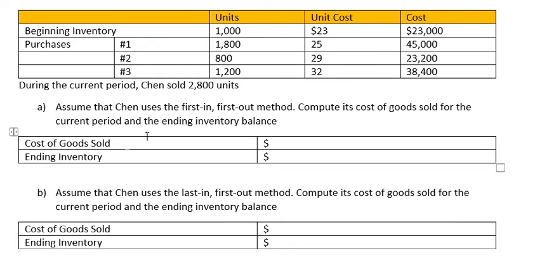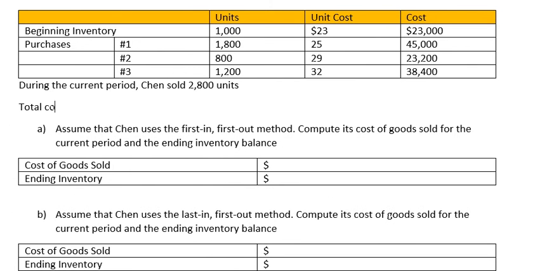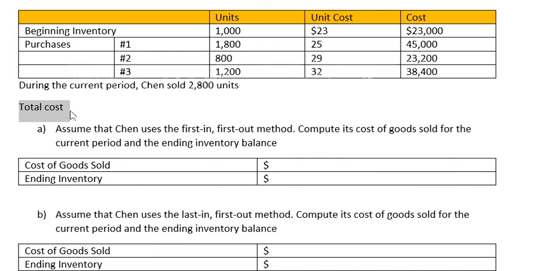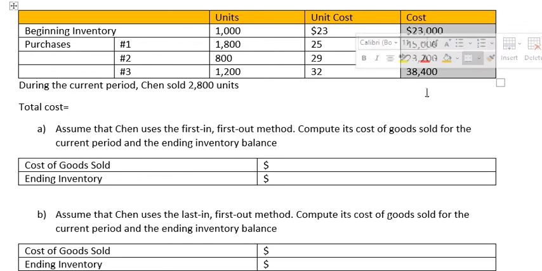Before we calculate, we need to find the total cost, because if we find the cost of goods sold, we can use the total cost minus cost of goods sold to find the ending inventory. Total cost is the sum of the costs in here.